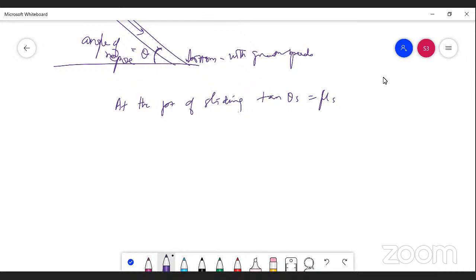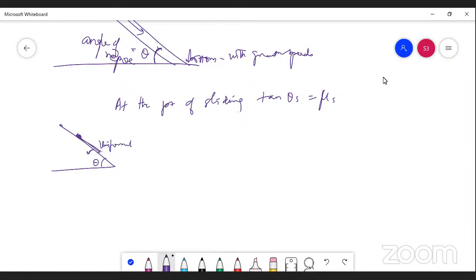To measure the coefficient of kinetic friction, initially you have placed the cover of the textbook like this. This is equal to the angle of repose. The coin placed over it started sliding down. In order to measure the coefficient of kinetic friction, when the coin begins to slide down, reduce the angle theta by lowering the cover of the textbook, so that the coin will begin to move with uniform velocity.